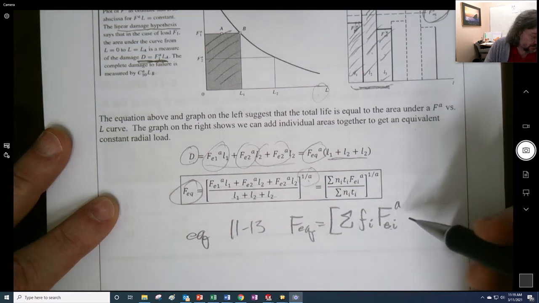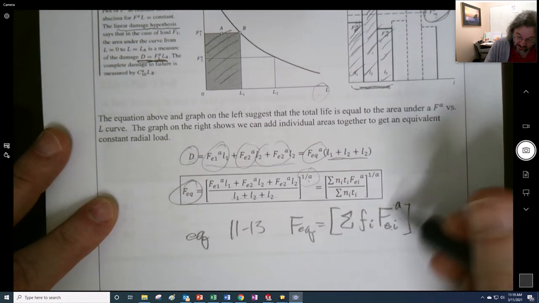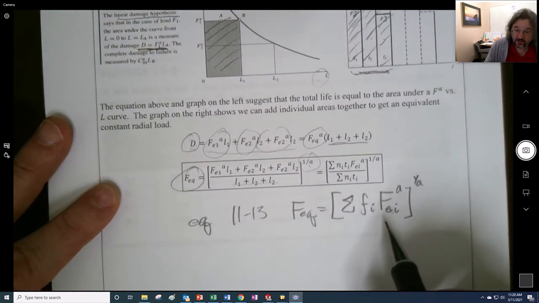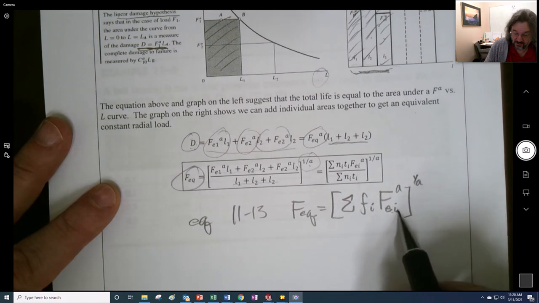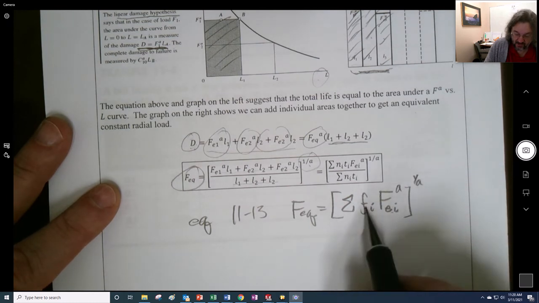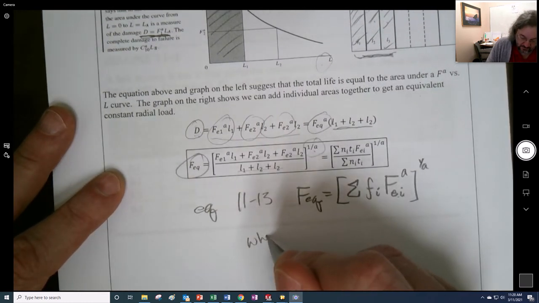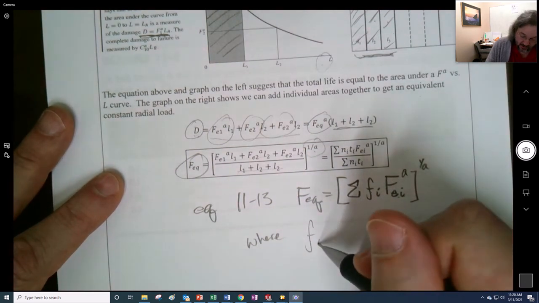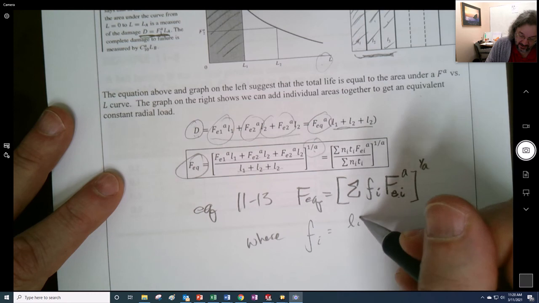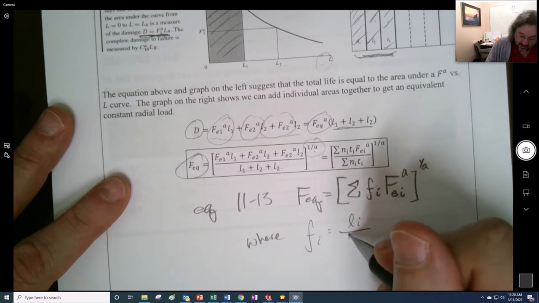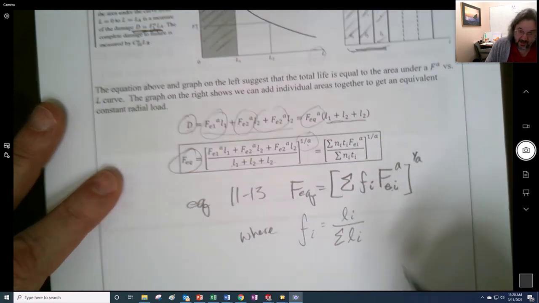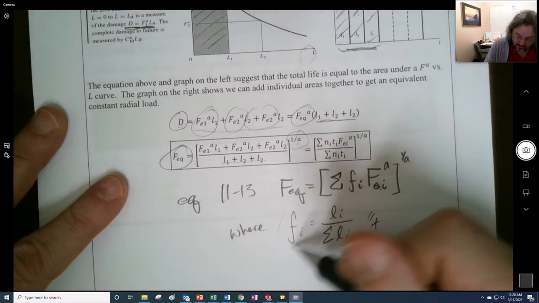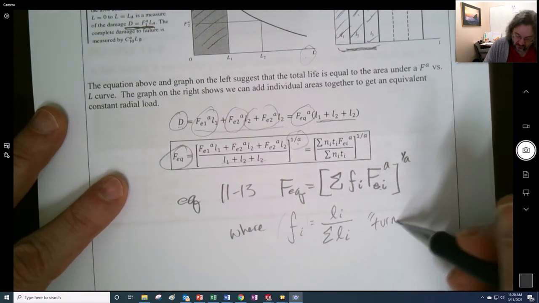I don't know why they always do the e in there, but I think you could just think of them as each individual loading event, right? So this is every event right here, and that little f is going to be equal to l_i divided by the sum of all the little l_i's, and this thing right here is referred to as the turn fraction.